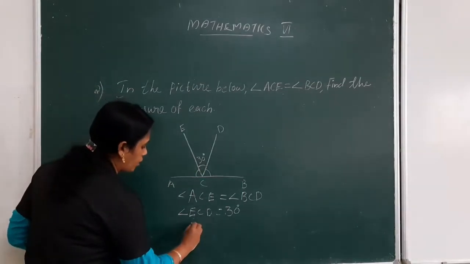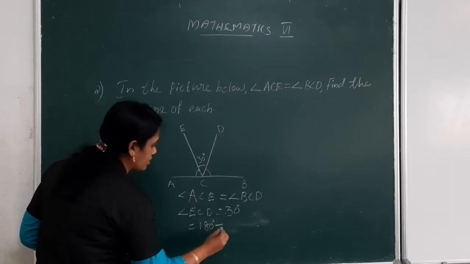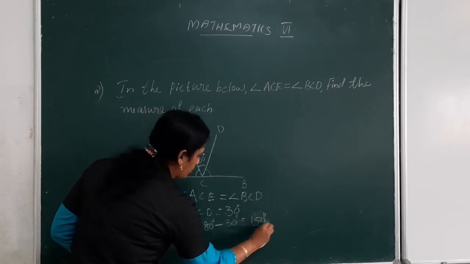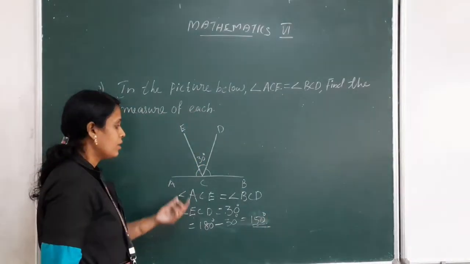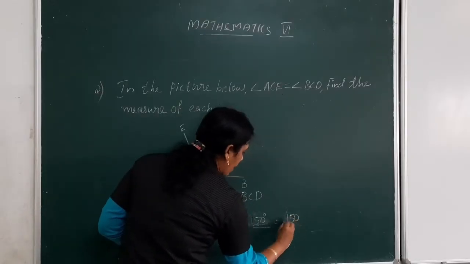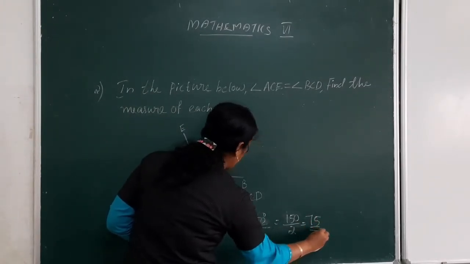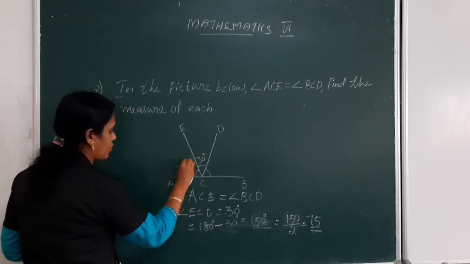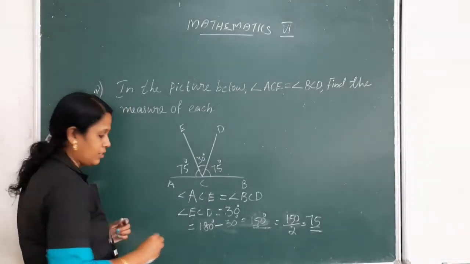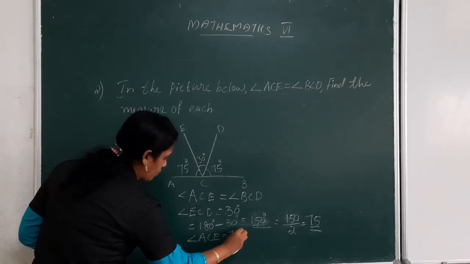So here total 180 degree. 180 degree minus 30 degree is equal to 150 degree. Okay, so these both angles are equal. So 150 divided by 2 is equal to, yes, 75. So this angle is 75 degree. This angle also 75 degree. Okay, so angle ACE is equal to 75 degree.